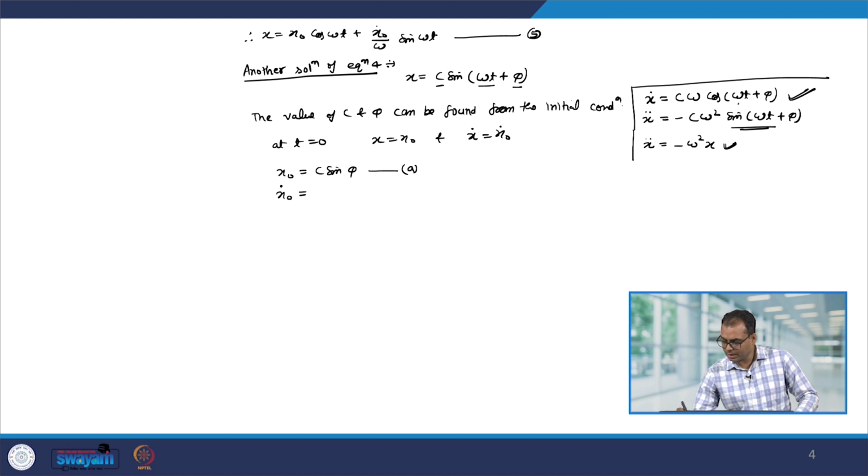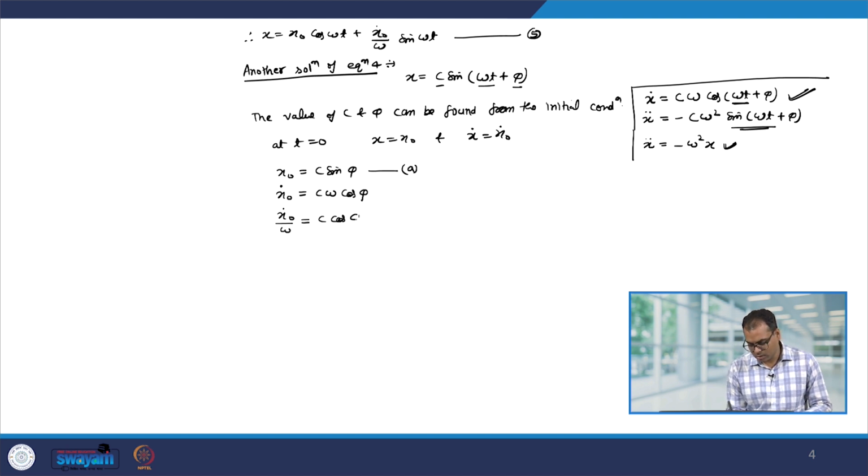Herein, let us put omega t equal to 0. So, we have c omega cos phi, or x naught dot divided by omega equal to c cos phi. Let us call this equation B.